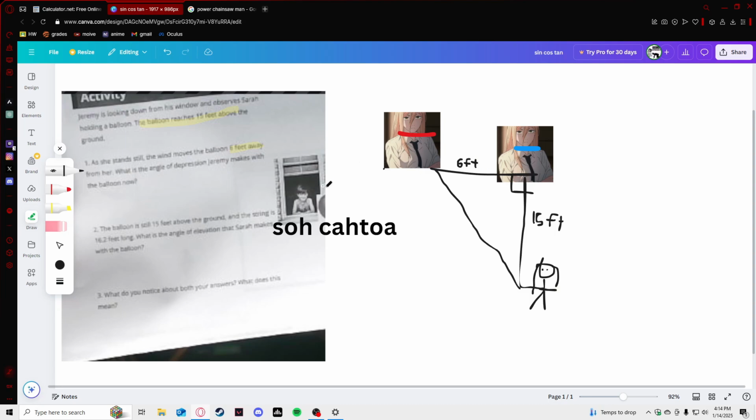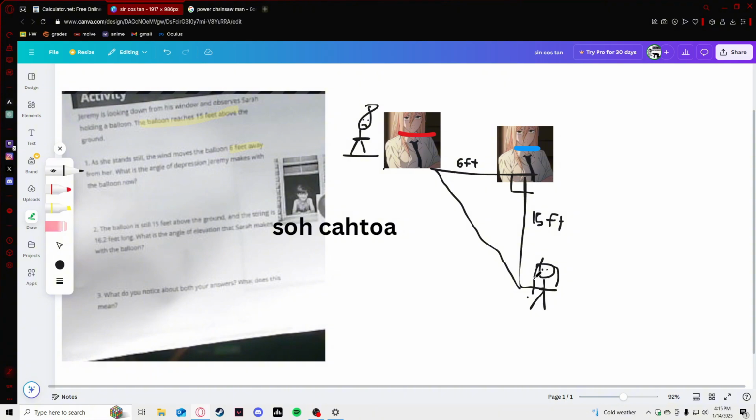Now we need to find the angle of depression, which is the fella over here. We need to find out how they see this angle over here. If we're trying to find the angle of depression, that means we're looking down and not up.